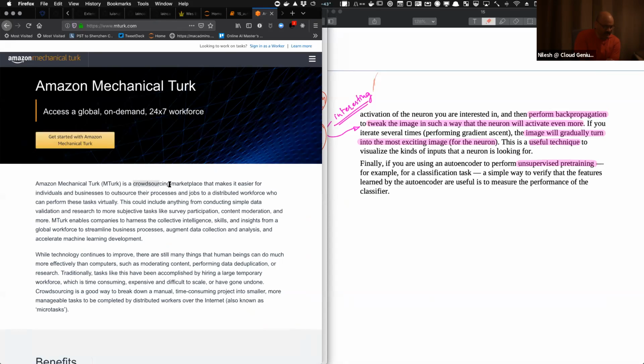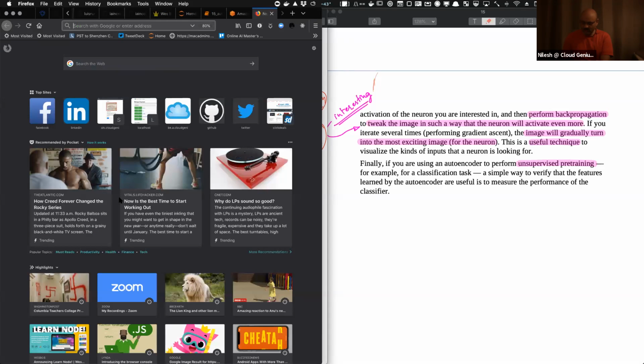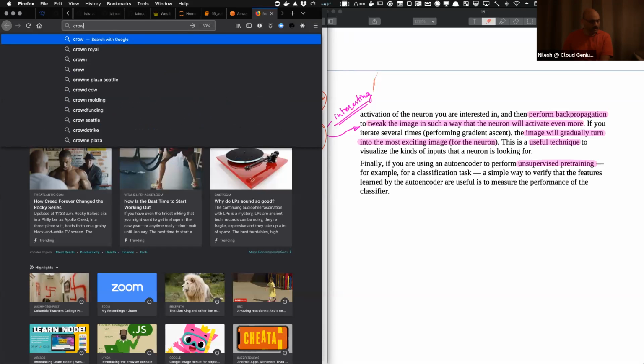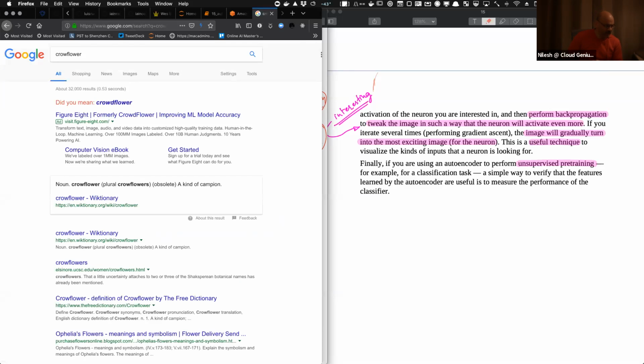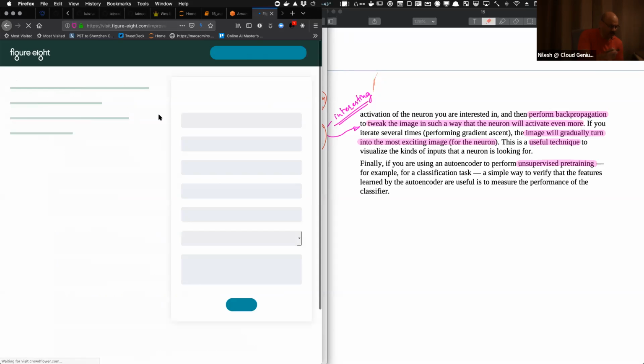They word it very nicely, but it's basically a sweatshop. The word is very nicely worded. This is a sweatshop. Another company that does the same thing is Crowdflower. Is it Crowdflower? Yes. So the new name of this company is called Figure 8.